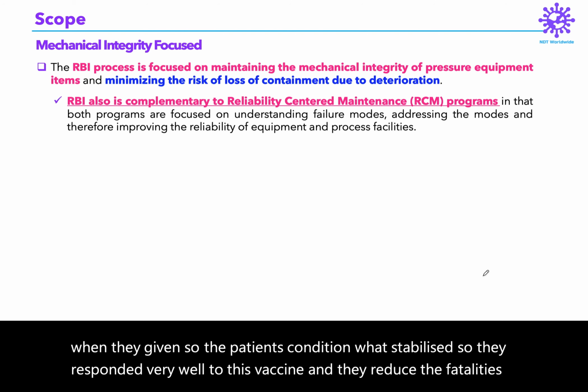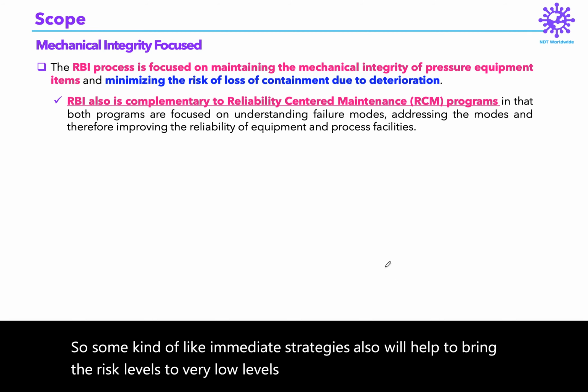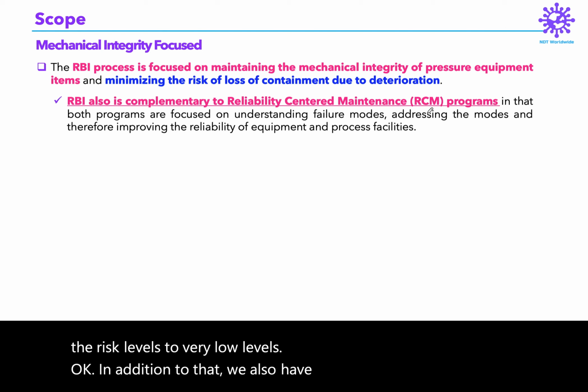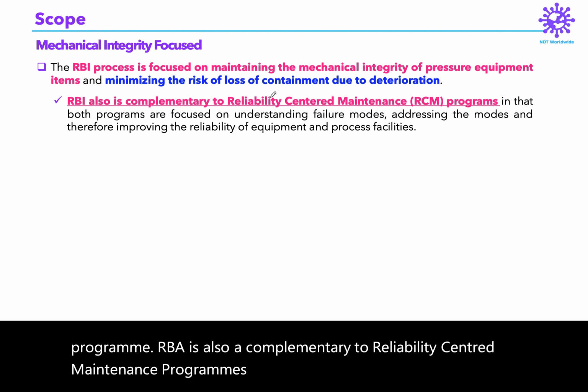So some kind of immediate strategies will also help to bring the risk levels to very low levels. Okay. In addition to that, we also have another program, the RCM program. RBI is also complementary to reliability centered maintenance programs. So RBI is helping the maintenance programs also.